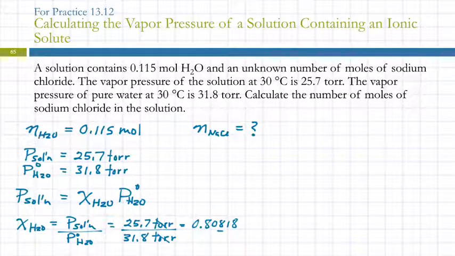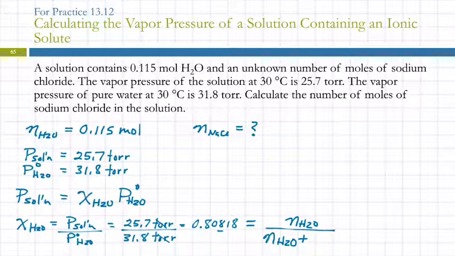We know how many moles of water there are. We want to know how many moles of sodium chloride. We know what the total mole fraction for the water is. So the mole fraction of water equals what in terms of just variables? Moles of water divided by moles of total solution, right? So moles of water plus moles of solute particles. Sodium chloride is a strong electrolyte, right?